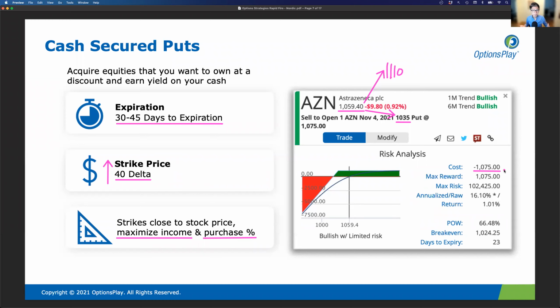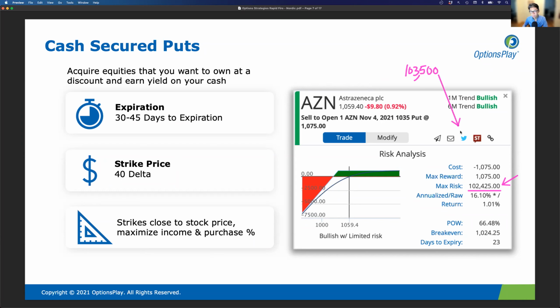So basically what I'm able to do is purchase 100 shares of AstraZeneca at the 1035, which is the strike price that I've sold. If I purchased 100 shares of it, that would cost me 103,500 crowns.